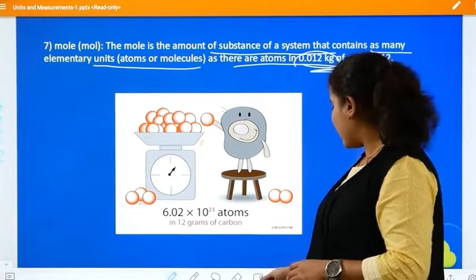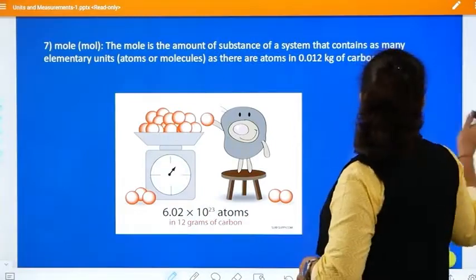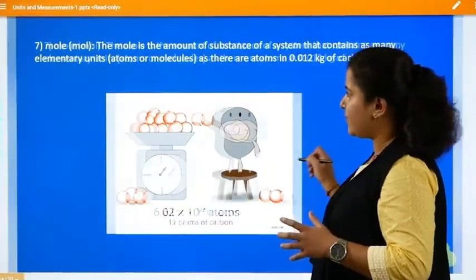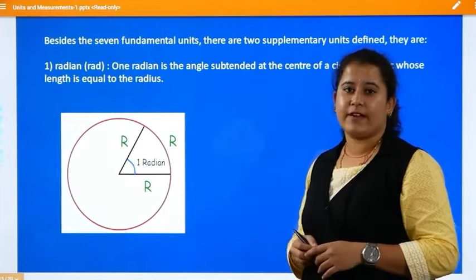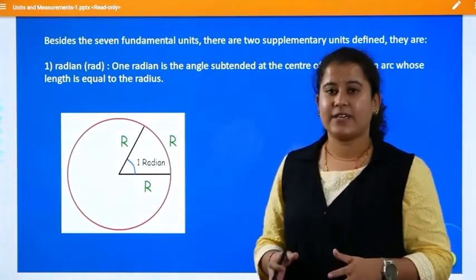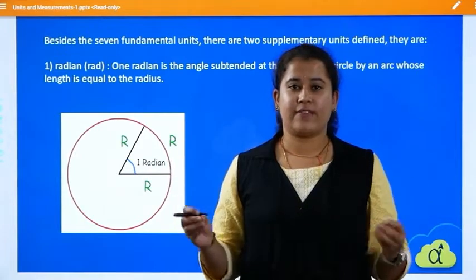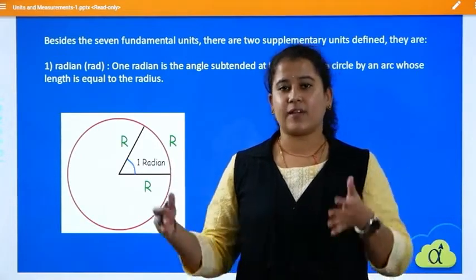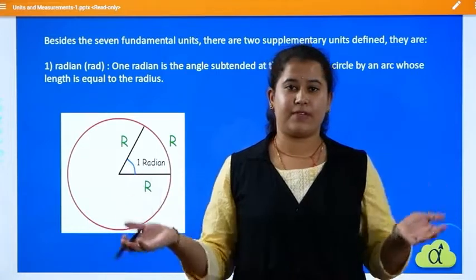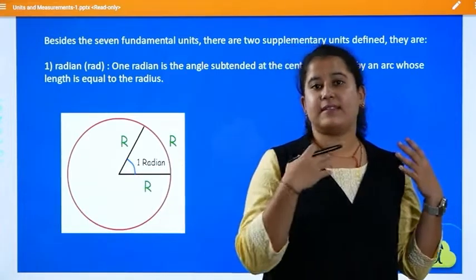Clear? So moving on to the next, these are the 7 main SI units, where we just saw the standard SI units. For example, I gave you one theory where there is a big building and many smaller buildings, and when you compare it with the smaller buildings, you say this is a big building.